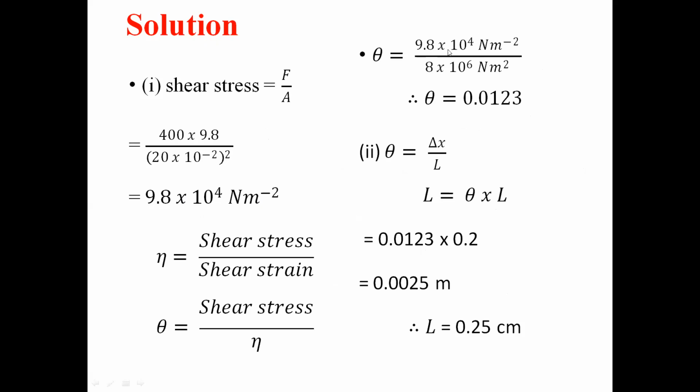Theta equals 9.8 into 10 to the power of 4 divided by the modulus of rigidity. Theta value is 0.0123. Now calculate the second point, delta x by L. Delta x equals theta into L, that means 0.0123 into 0.2, which is 0.0025 meters, that is 0.25 centimeters.